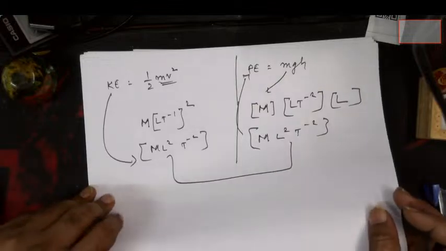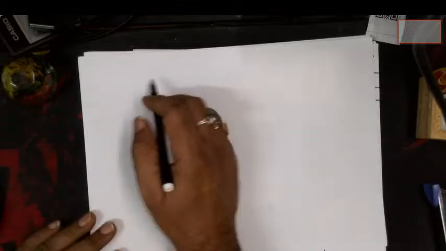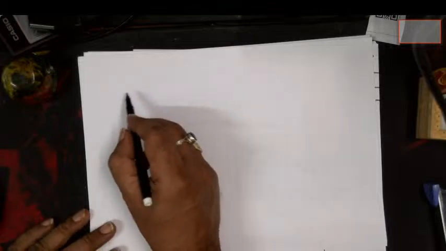Sometimes this dimensional formula is also useful to verify the expression or equations. We can derive the equations also. Here we have verified. Now let us consider a simple pendulum.